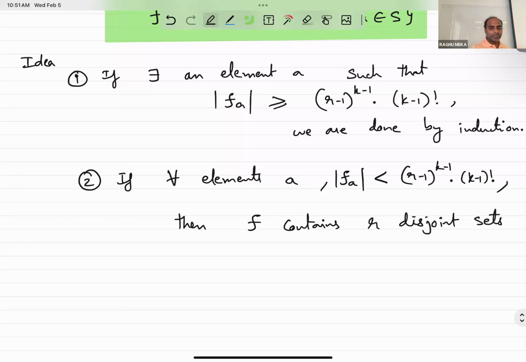So this is the template for the argument.